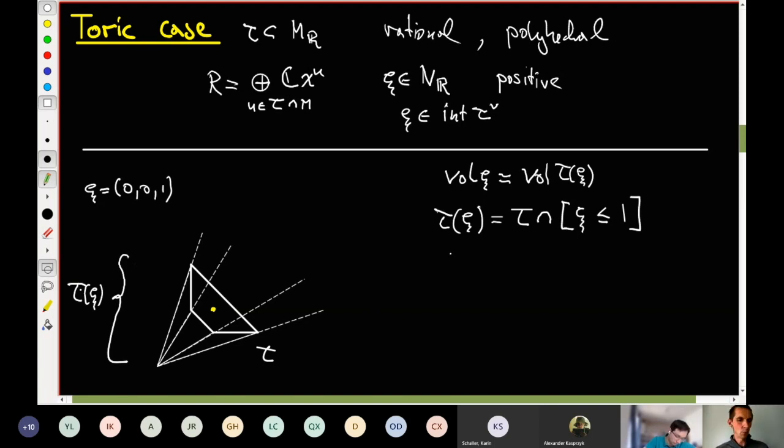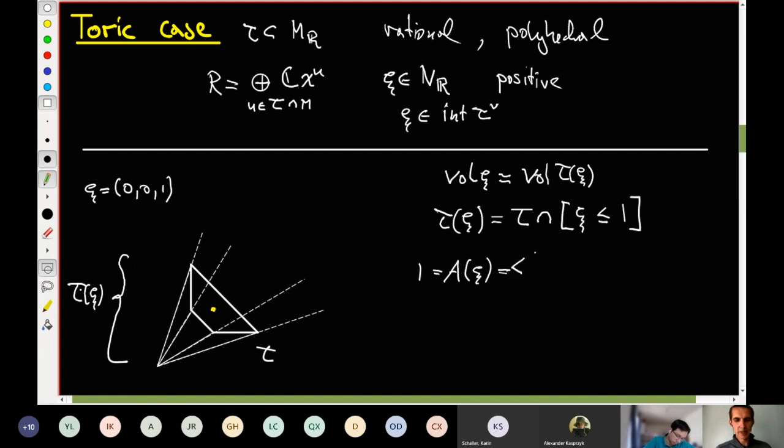Okay, so now we recall that our choice of xi was not arbitrary. We had a restriction on xi, namely that what we call the log discrepancy has to be 1, our normalization. What was the log discrepancy?